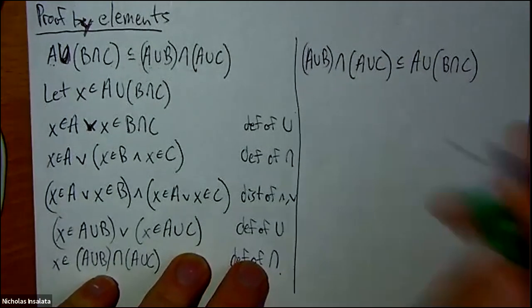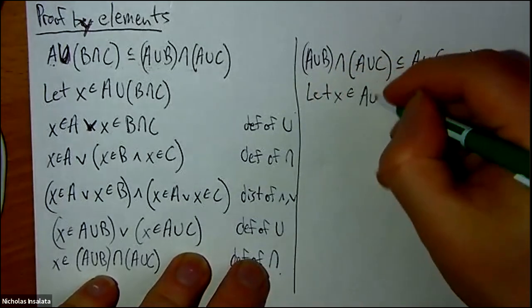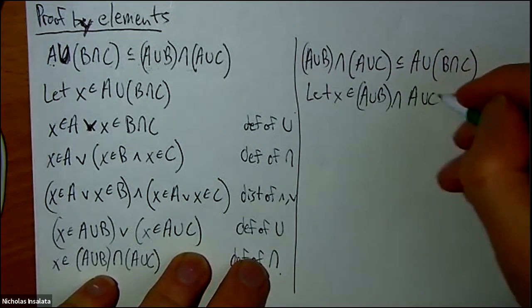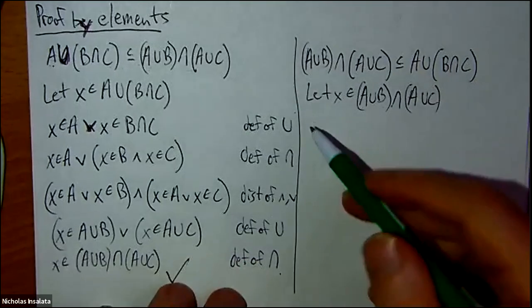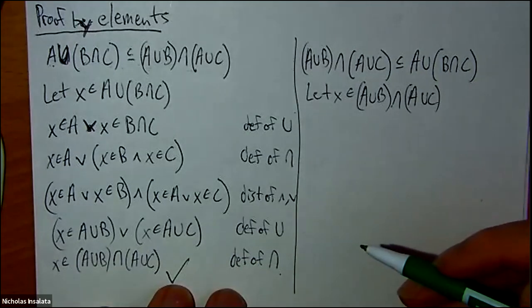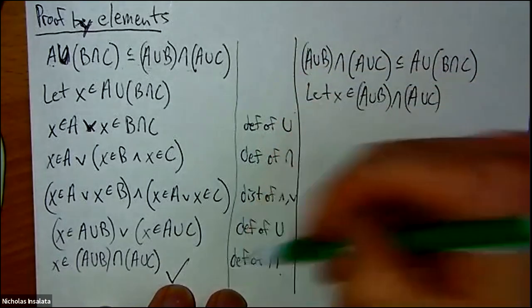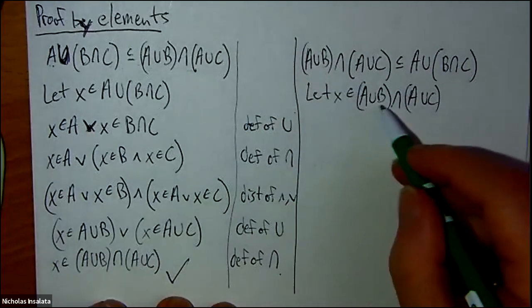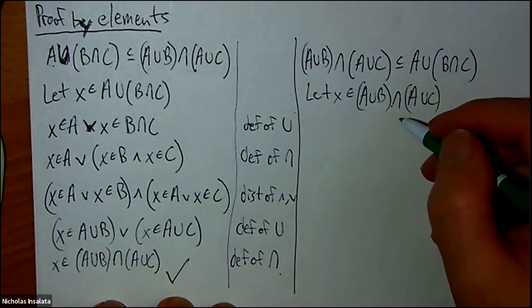Okay, we'll let X be an element of (A union B) intersect (A union C). Then we're going to do the exact same sequence of steps, right? The justifications will be the same either way. So let's unpack the union. Oh, I guess I have to unpack the intersection first this time.